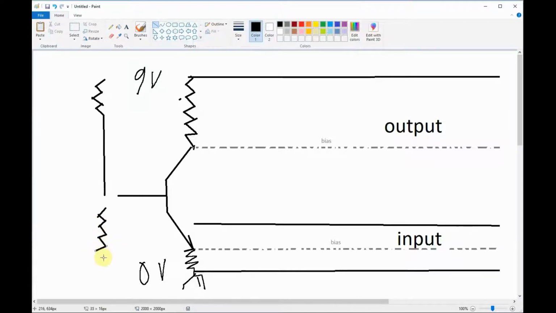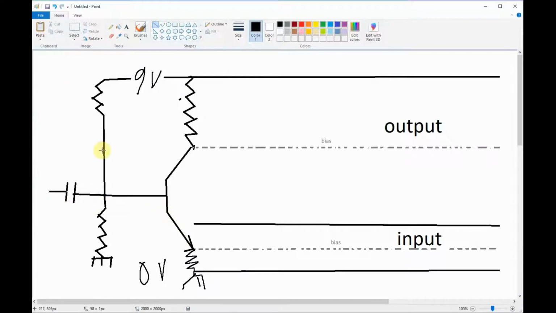I know this is terrible looking, but it's just what I'm going with right now. So this is up to 9 volts. Of course, this is also ground. So you've got this with a capacitor. Oh, and some input. So of course this is connected.